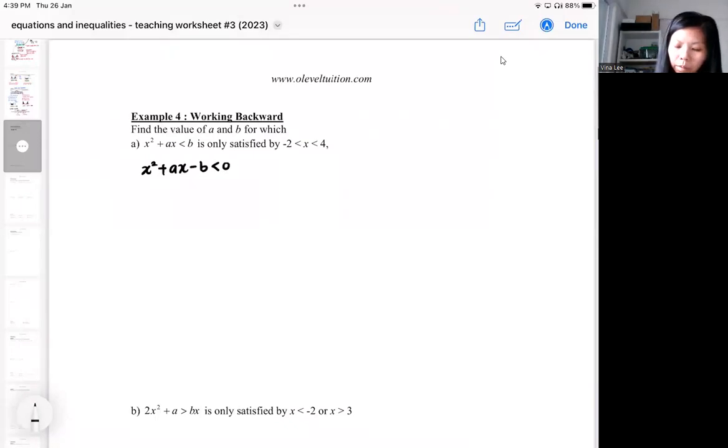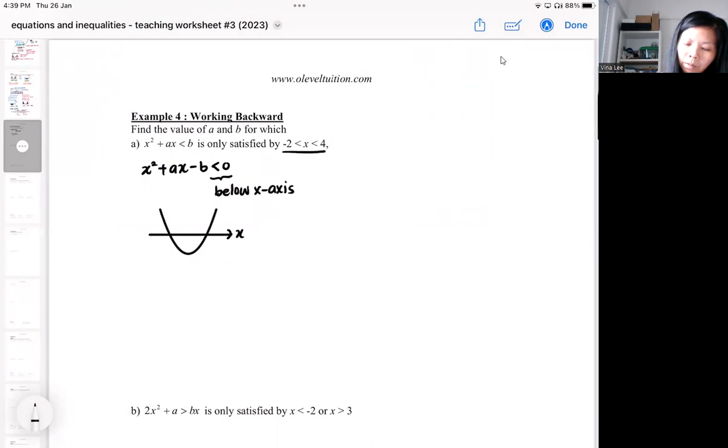And from here, we know that it is a part that is below the x-axis. And because of the answers, I understood that from here, it will be -4, -2 and 4. And it will be this region.